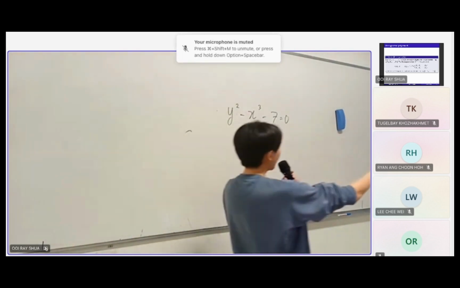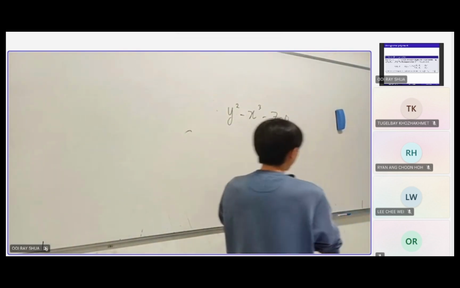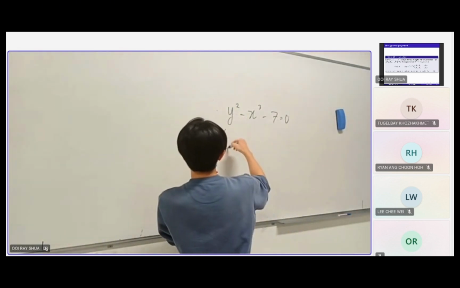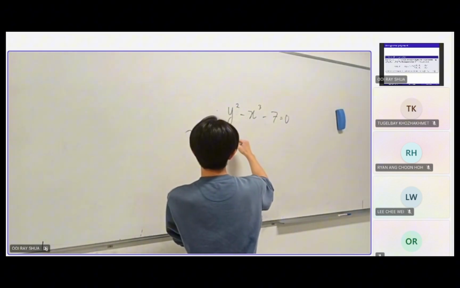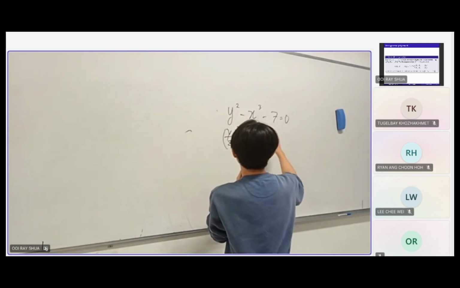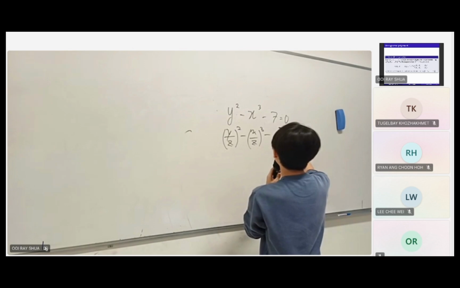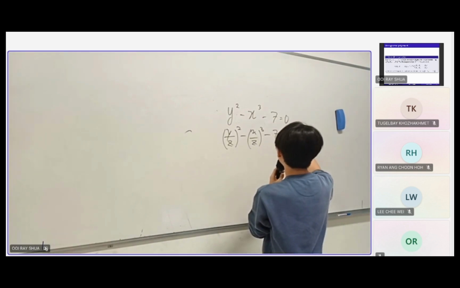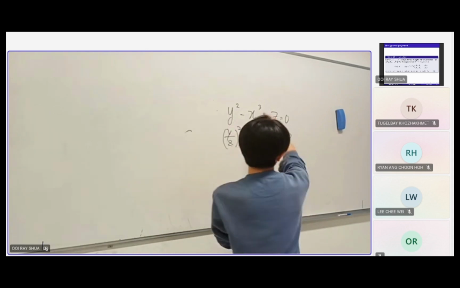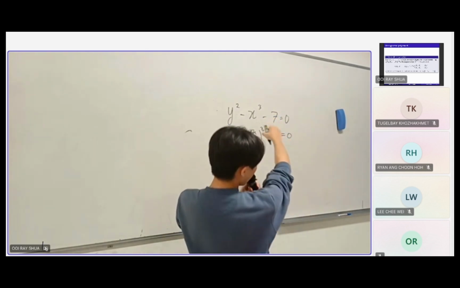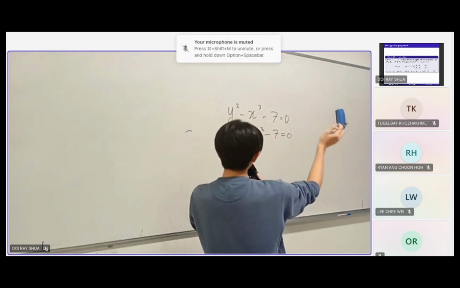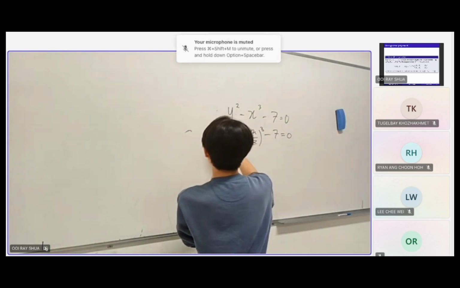So we will add another coordinate, let's say z. You get something like this: 7, 0, and then you need to multiply the whole thing by a power d. So this is 3, right? 3, sorry.